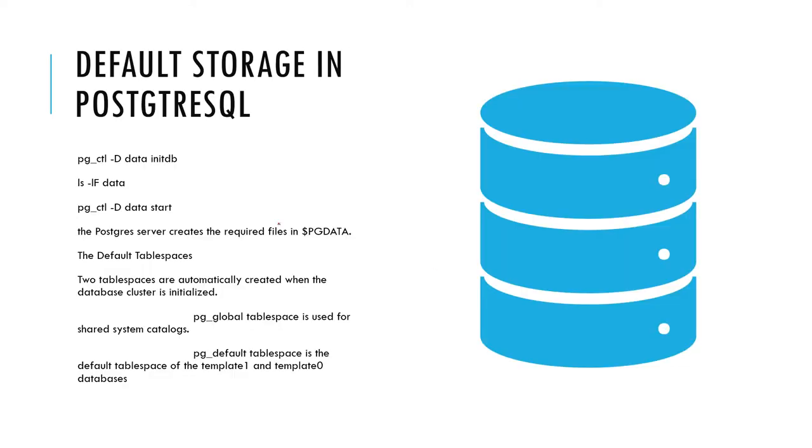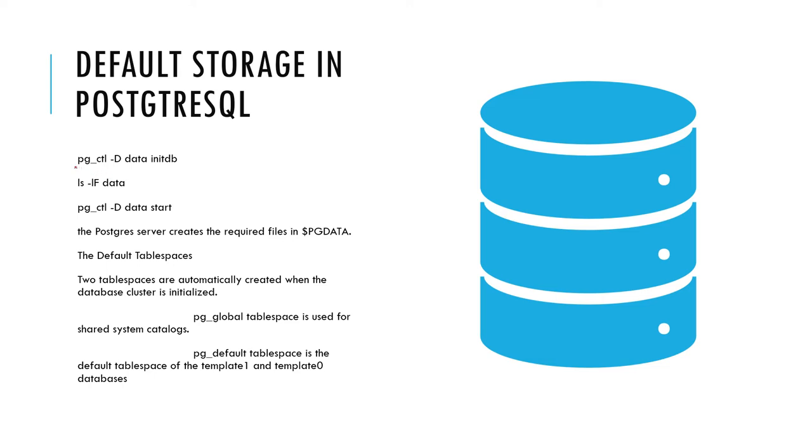So what is the default storage in PostgreSQL? When you install Postgre, let's say on RHEL or Windows, in Windows everything will be done automatically by the installer. But in a Linux system, when you install the binary, it asks you to initialize the database.